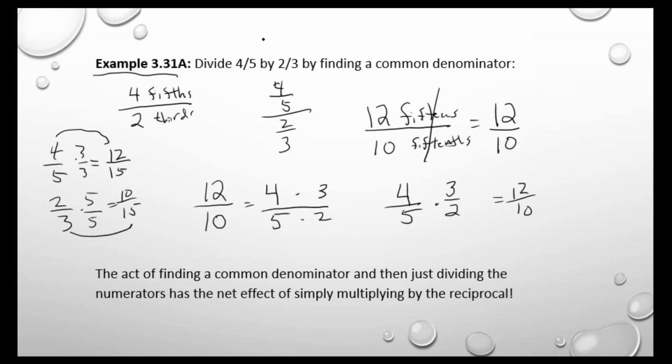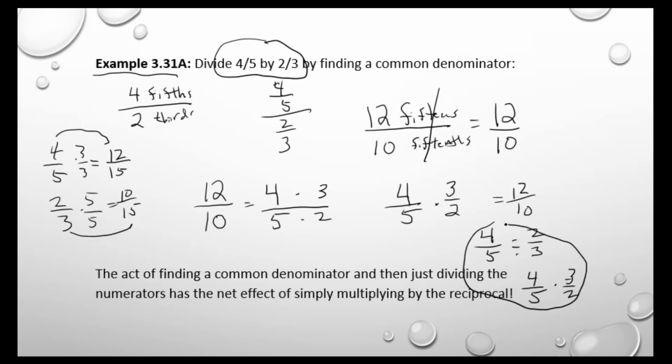So let's look at our original problem right here. 4/5 divided by 2/3 is identical to 4/5 times 3/2. And I just showed you that has to be true.